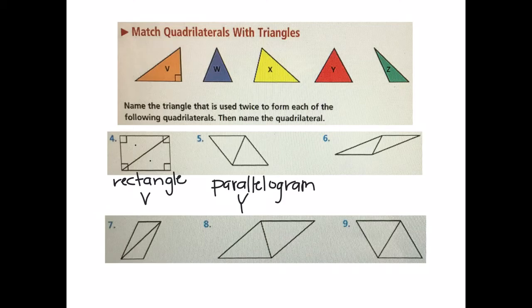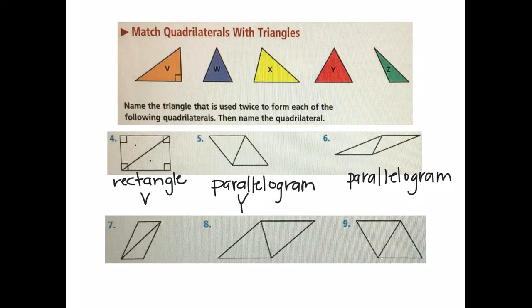Number 6, I see another parallelogram that has been created. And this time it looks as though they used an obtuse triangle, here being the obtuse angle. So when I look at this, this is right, acute, acute, acute. Z is the only obtuse triangle, and I can see that turned on its side, this would look similar here.